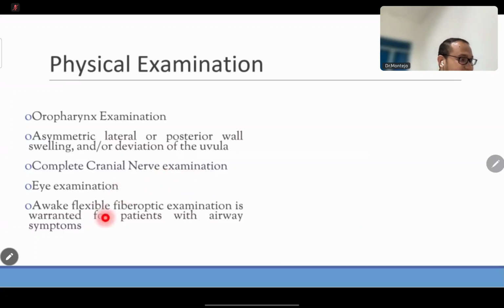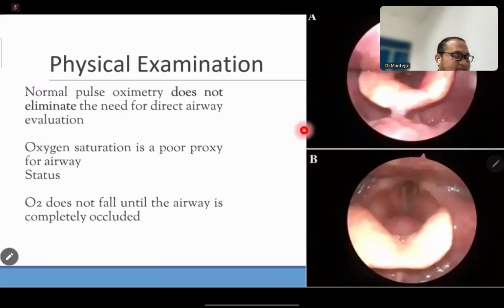And then as ENT, we always do an awake flexible fiber optic examination to really investigate the state of the airway of the patient. And one thing to take note of is don't rely on your pulse oximetry. Actually, that is wrong. Among your vital signs, what I observed in clerks is the pulse ox.